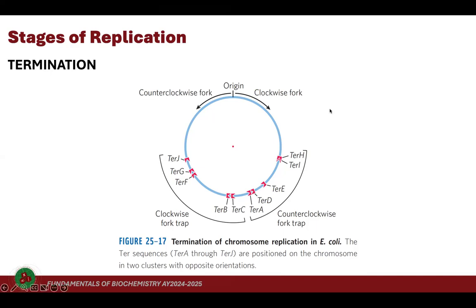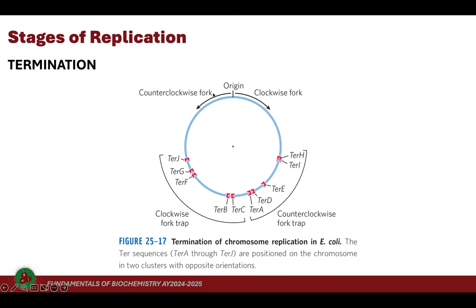So if we have base sequences at ORI and your DUE, or the DNA unwinding element, there are also what we call TER sequences. TER is short for termination. So we also have termination sequences in your DNA molecule. Again, this is E. coli, so it's a circular DNA, and you have several termination sequences.